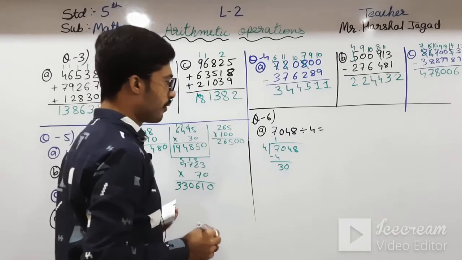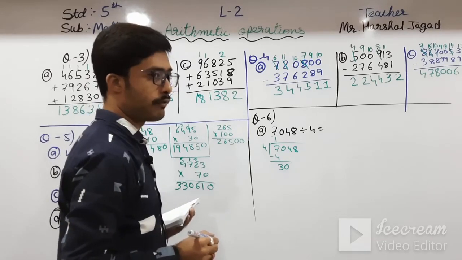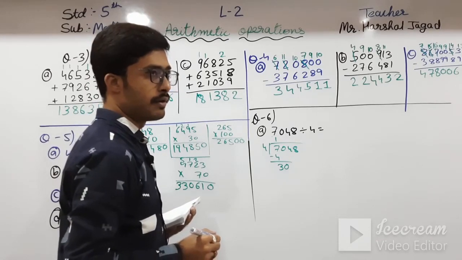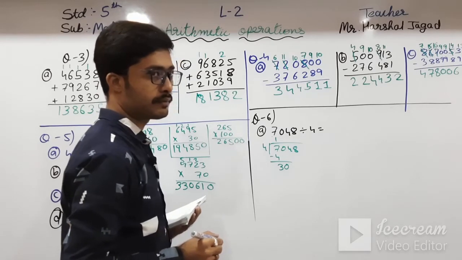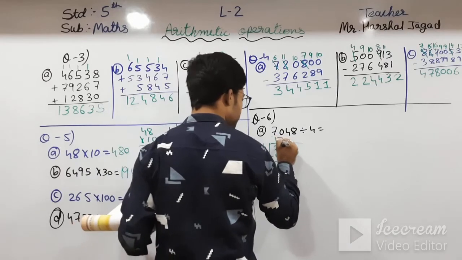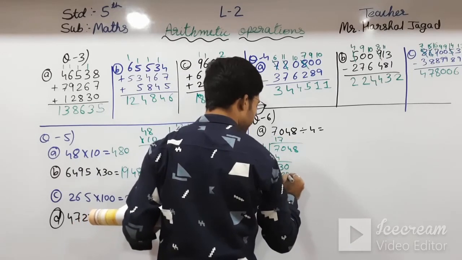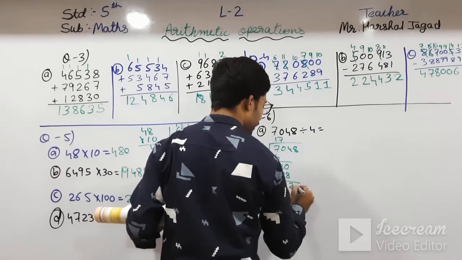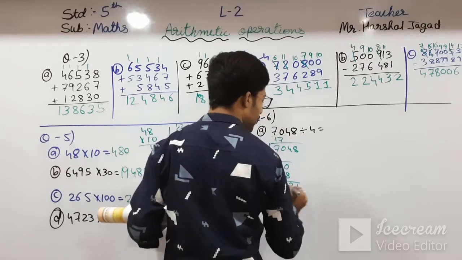What will be there? 4 5s are 20. 4 6s are 24. 4 7s are 28. 4 7s are 28. 2 remaining. Here comes 4.